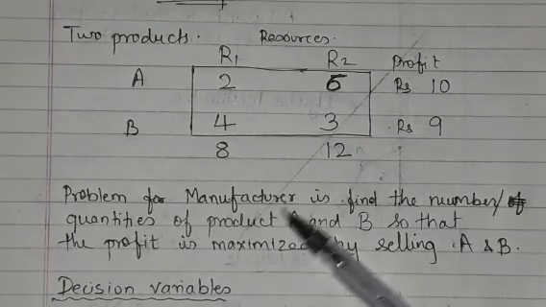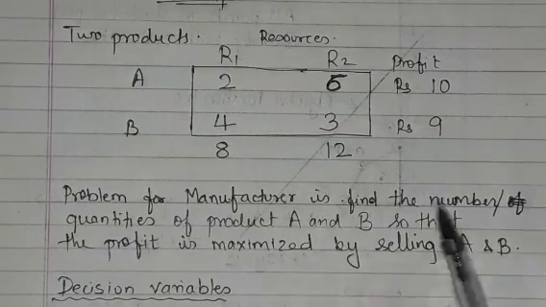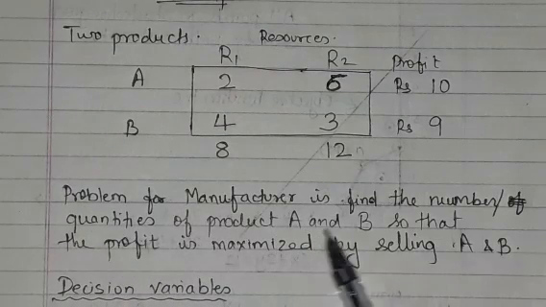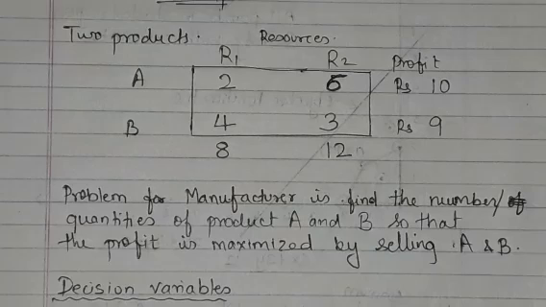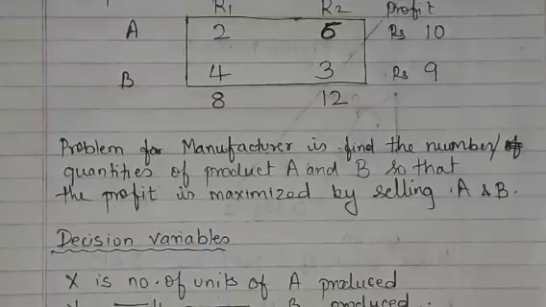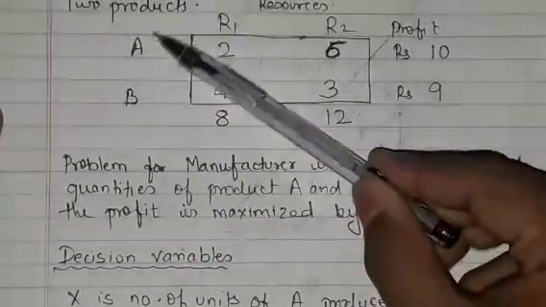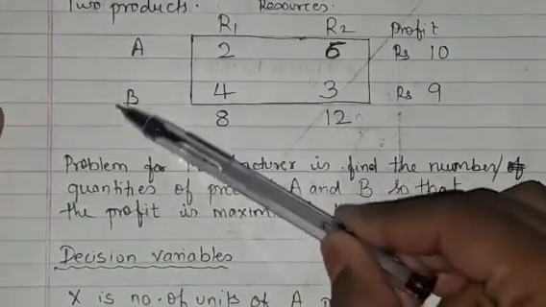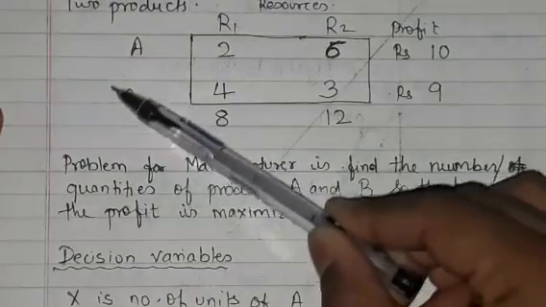See, the problem for the manufacturer is to find the number of quantities of products A and B so that the profit is maximized by selling A and B. So I'll find the decision variables. What would be the decision variables in this case? I need to find the amount of A and the amount of B which need to be produced, right?